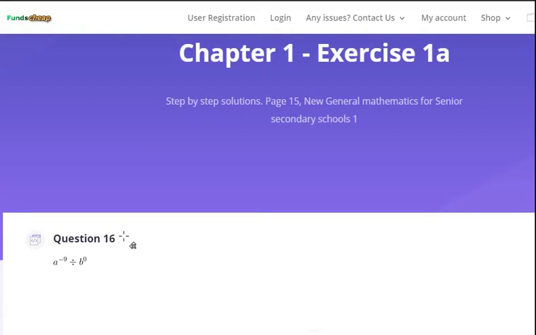Question 16 on that page says a raised to power minus 9 divided by b raised to power 0. So how do we solve this question? Well, it's very simple. The first thing you need to do is to solve it on your own first.